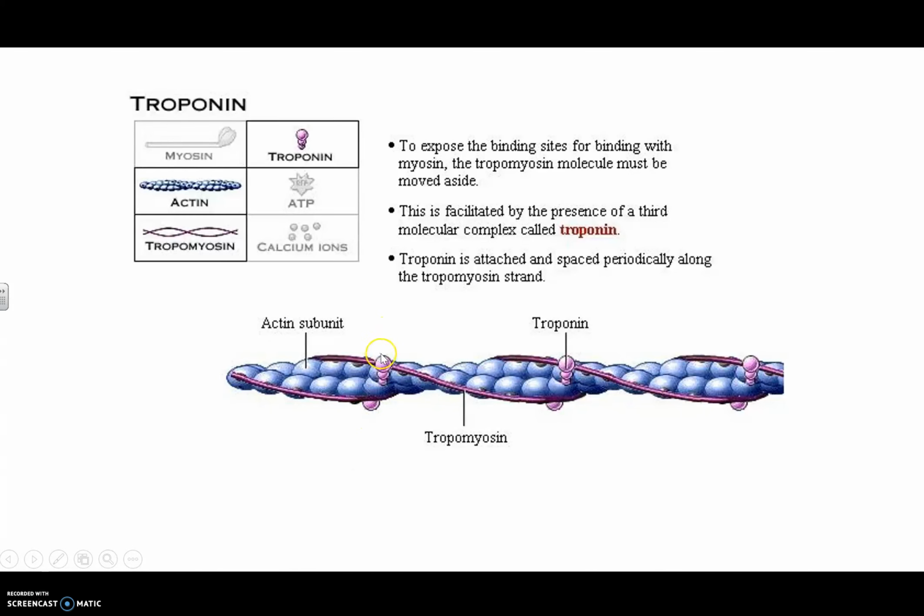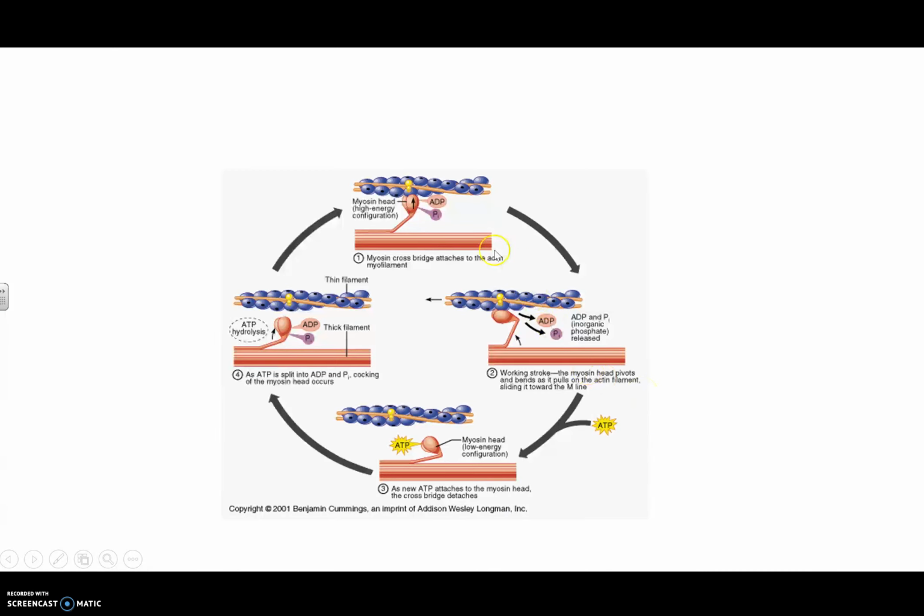And calcium will come to where it says troponin here, and it'll attach to the troponin, and I don't know if you can see this purple line, but the purple line rolls off, and there are little openings underneath, and the purple line is called tropomyosin. And when it moves, so you can see this yellow here, the calcium's allowing it to move, myosin then can grab this thin filament and slide it along using energy. And that's why when we exercise, we use a lot of energy and we burn a lot of calories.